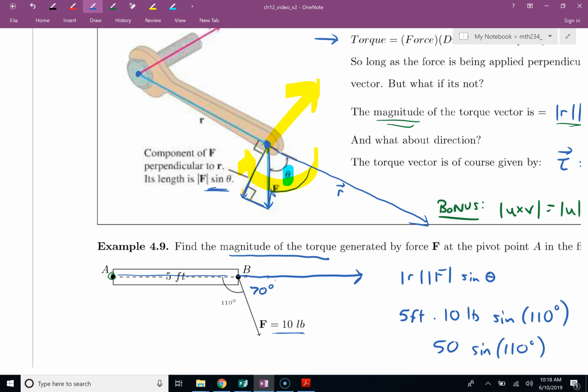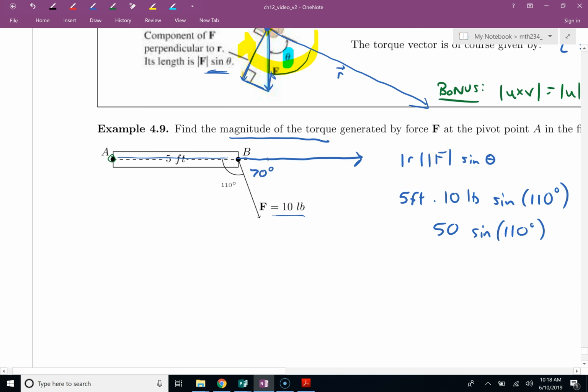So I know that has to be 70. All right, so in all reality, probably my final answer should be 50 times the sine of 70 degrees. So this right here really would be the correct answer.